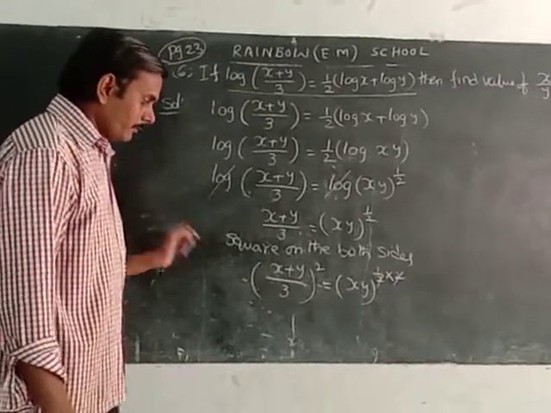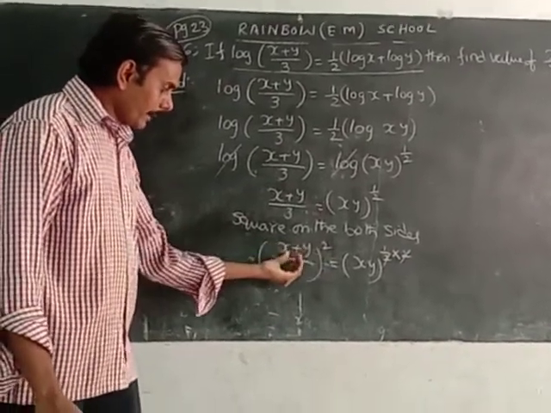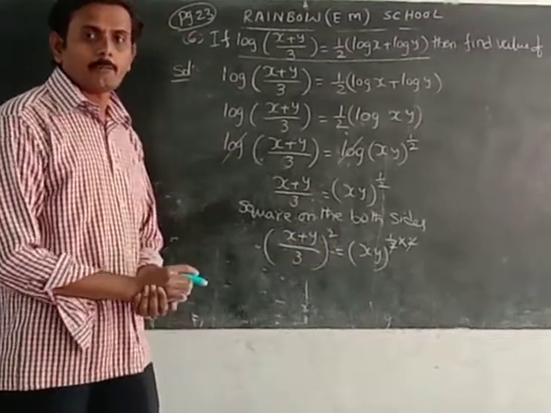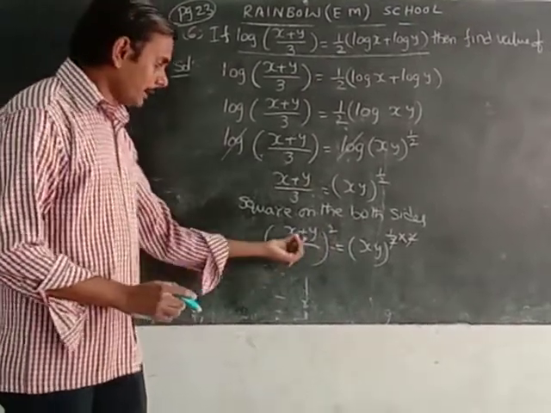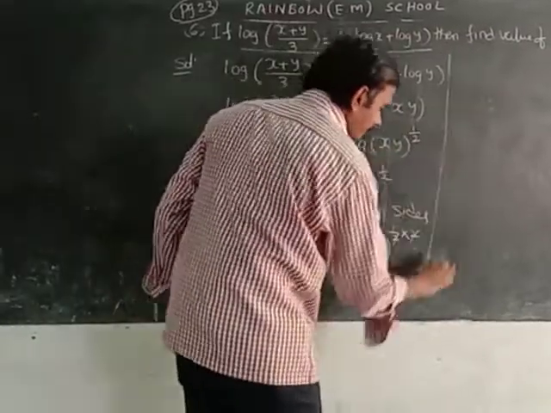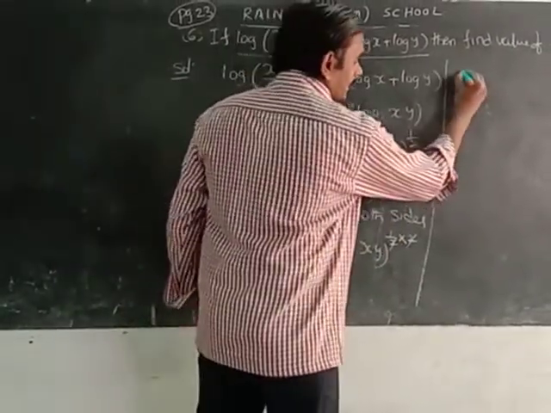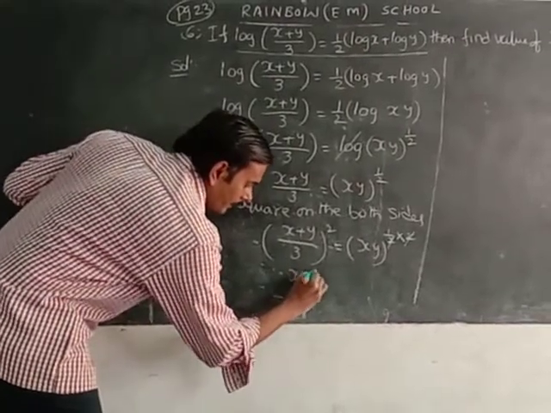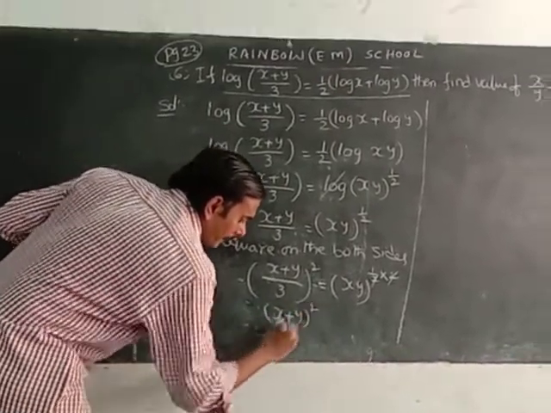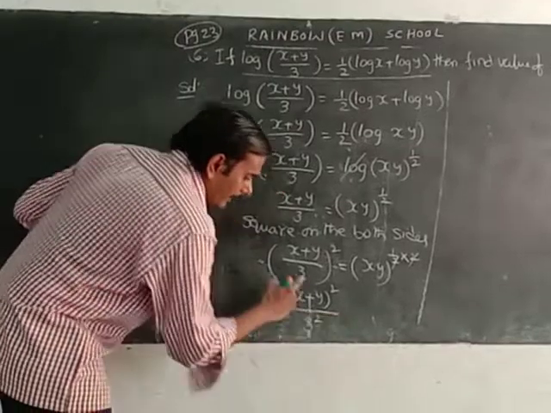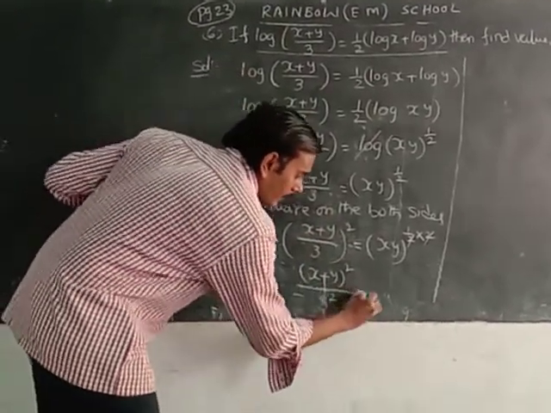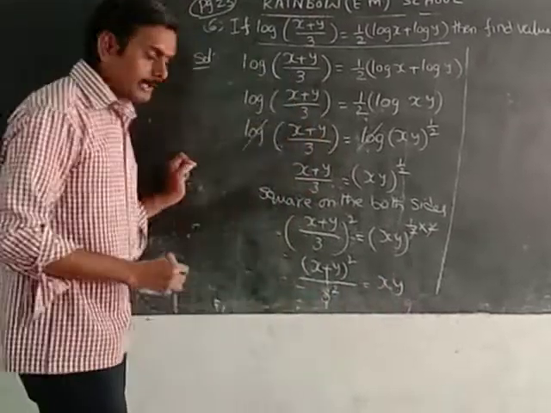Now take (a by b) whole power m, which means a power m by b power m. That means (x plus y) whole square by 3 square equals xy.